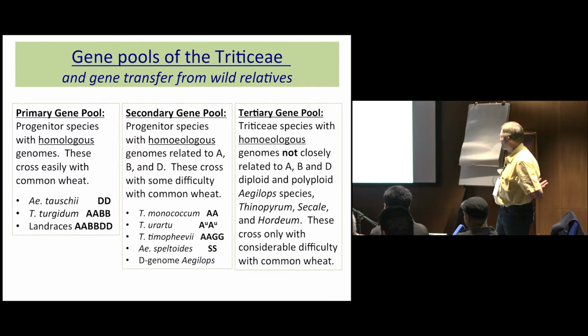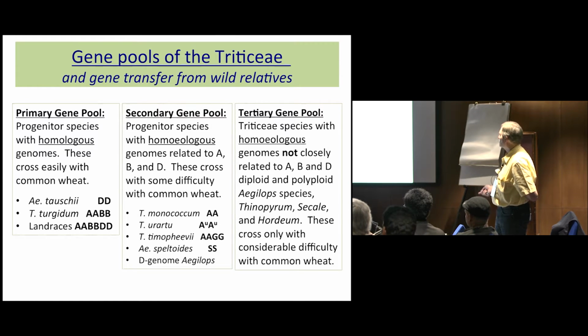The secondary gene pool are those progenitor species with homoeologous genomes that are related to A, B, and or D. These cross with some difficulty with common wheat, but it certainly can be done. These are some of the genomes of species in the secondary gene pool.